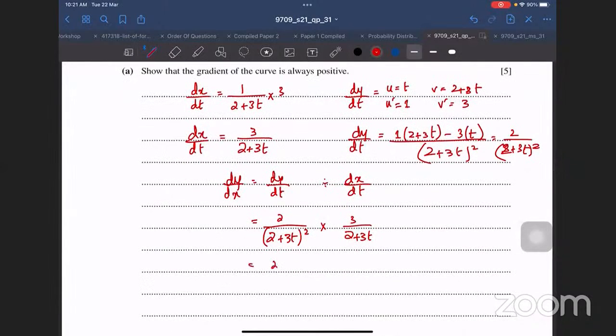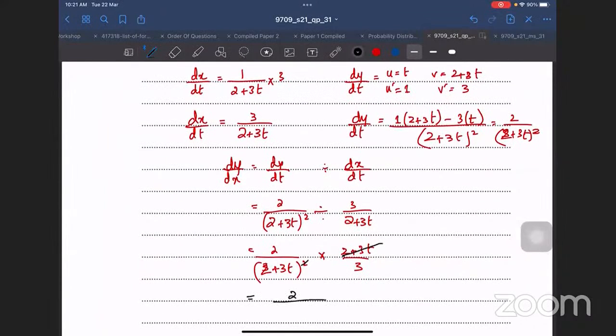When I change this divide sign into a multiply sign, this becomes 2 plus 3t over 3, 2 plus 3t whole squared. This cancels out with that, and I'm left with 2 over 3, 2 plus 3t.